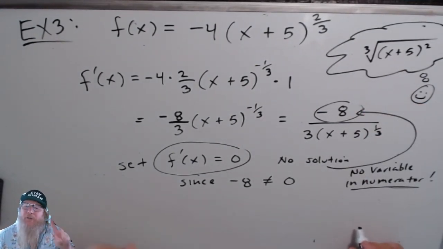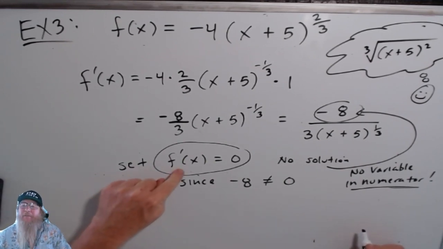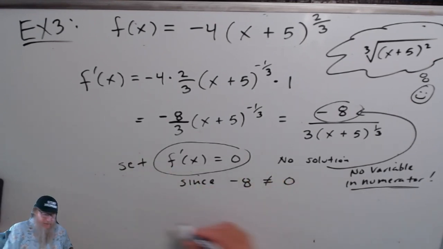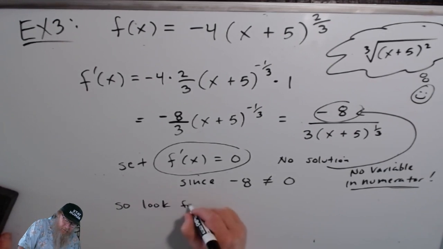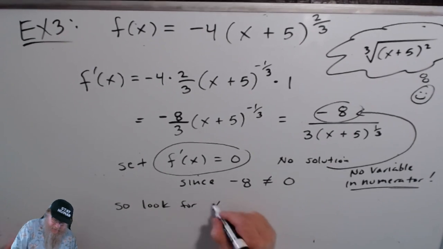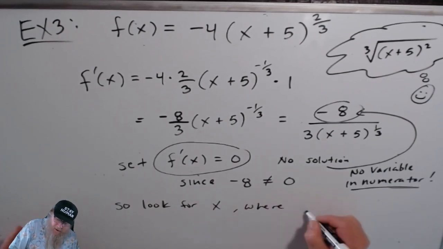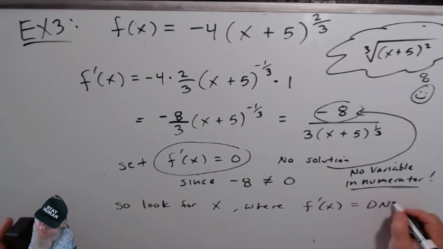But remember, there's two types of critical values. There's the type where the derivative is equal to 0, and that never happens. So look for x where the derivative does not exist.